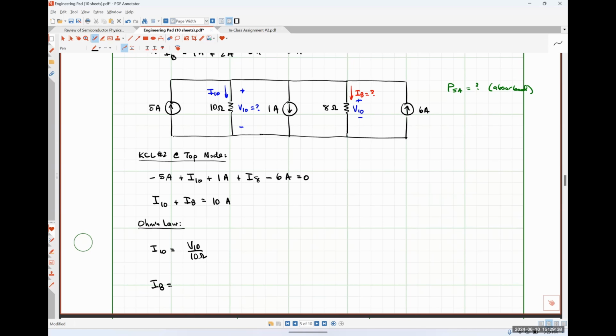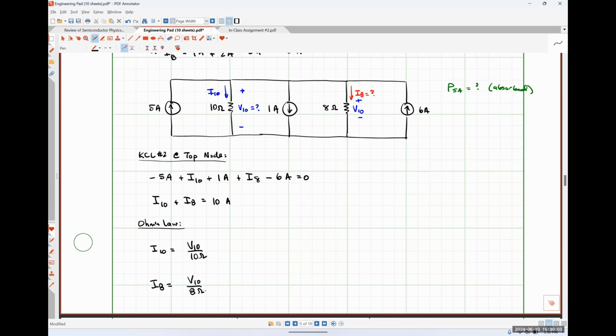Somebody else tell me how to put that in terms of V10. V10 divided by 8 ohms. V10 over 8 ohms, absolutely correct.